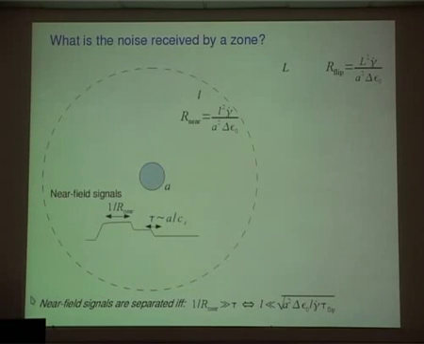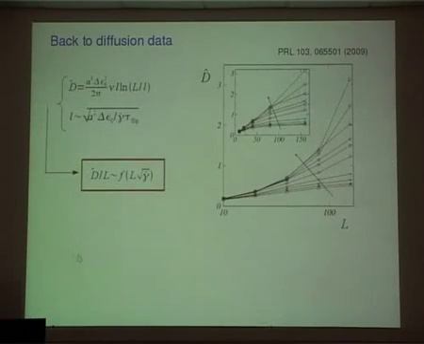When you start to shear a system faster, the noise signals will start to overlap, will start to arrive at the same time, and you will start to swamp out the information that you would have from your local neighbors. And this will set a length scale, and it turns out that this length scale just goes like 1 over the square root of the strain rate. Okay, I pass on that.